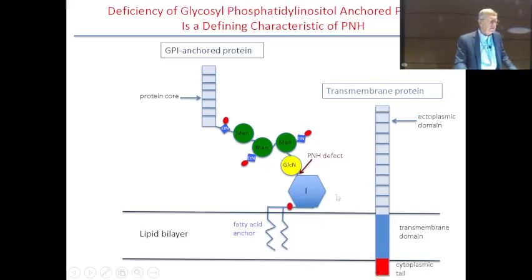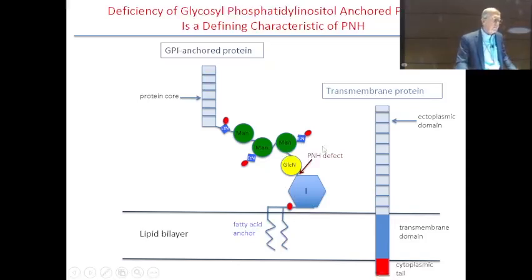So the difference is that the GPI anchor proteins are missing this part of the structure of a transmembrane protein, and they're anchored into the cell by this complex structure, glycosyl phosphatidylinositol. And again, they maintain the business end of the protein here, but the anchor is different.